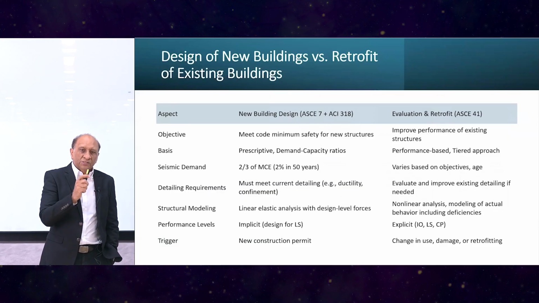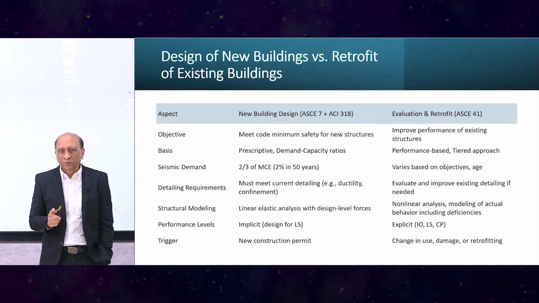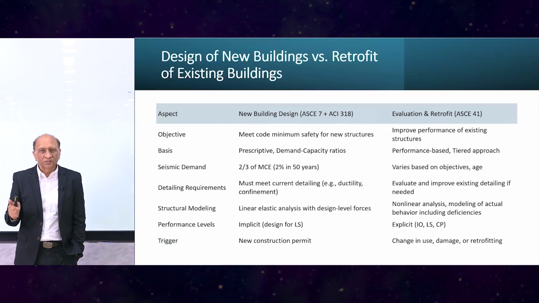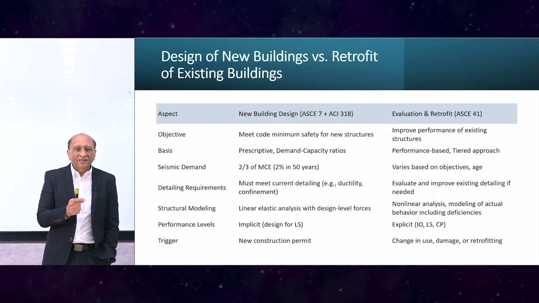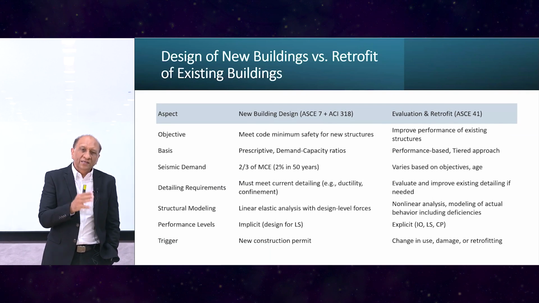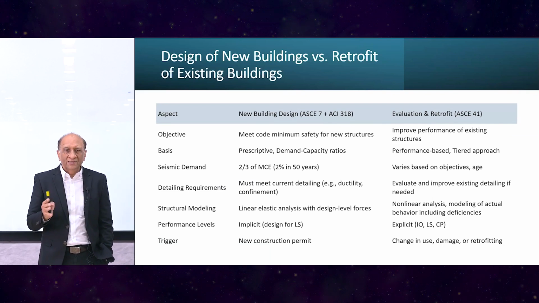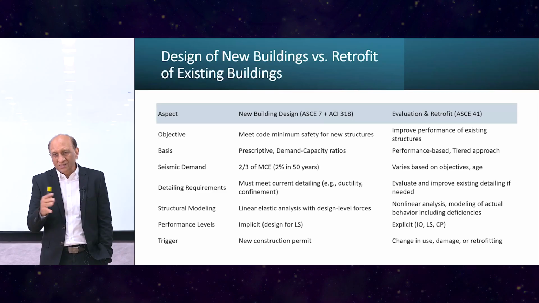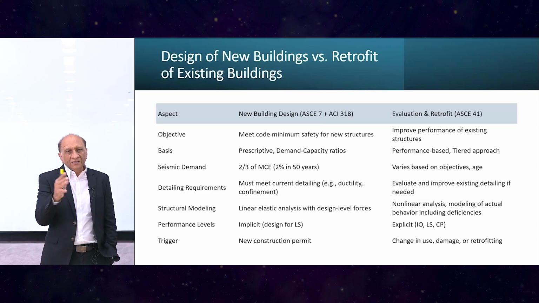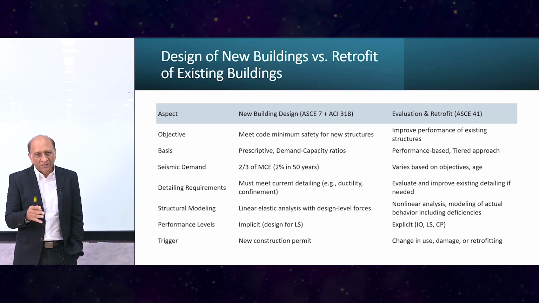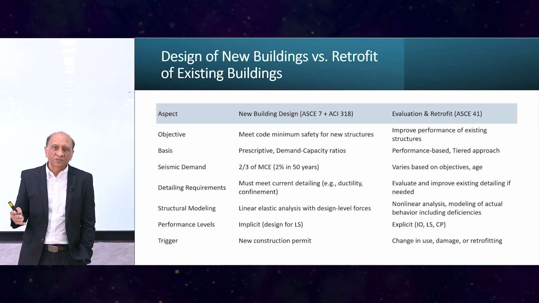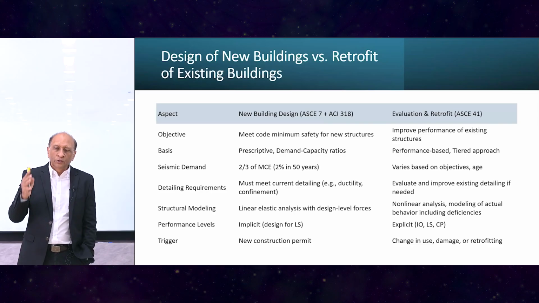The basis is prescriptive, demand-capacity ratio based. Evaluation is a performance-based tiered approach, as I mentioned. Seismic demand for the new buildings includes 2/3 of MCE, 2% in 50 years. For retrofit, it varies on the objectives and age. It's not the same, it's much less. If, let's say, MCE is 2,500 years for new buildings, for existing buildings it could be as low as 1,000 or 800 or 1,200. So it depends.